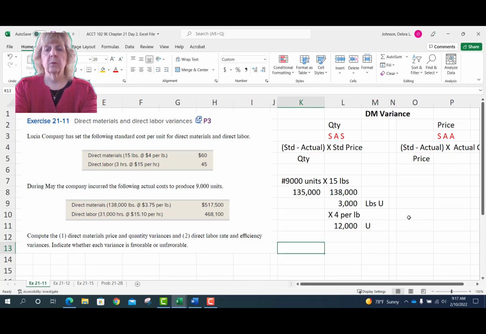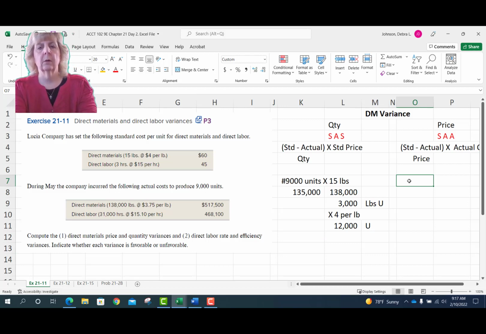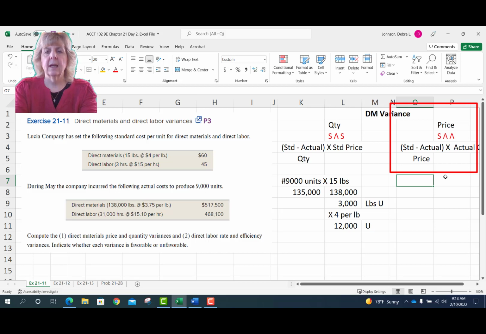Let's move over to the price side. This gives us the effect of what the price change costs us in terms of our production. So here's the formula, and this is where people make the mistake. SAS means take the standard minus actual price. That's not the part where they make a mistake.